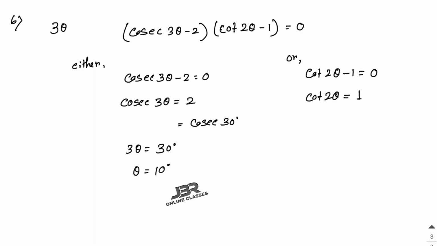As cot 2 theta equal to 1, and you know that cot 45 degree equal to 1, so in the place of 1, write down cot 45, that means 2 theta equal to 45 degree. So theta equal to 22 whole 1 by 2 degree. That means theta equal to either 10 degree or 22 whole 1 by 2 degree. That is your answer.